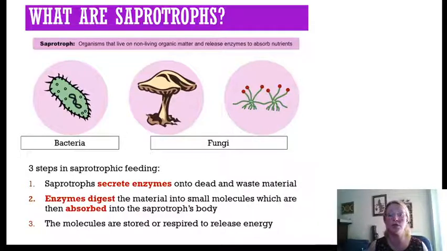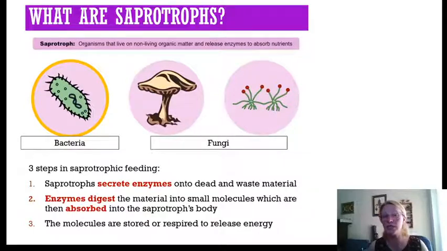So saprotrophs live on non-living organic matter, and what they do is that they secrete enzymes, and that will start to digest that dead waste material, breaking it from big molecules into smaller molecules that are then absorbed by those saprotrophs into their body. And then those molecules are sometimes stored, or they might get used for respiration.